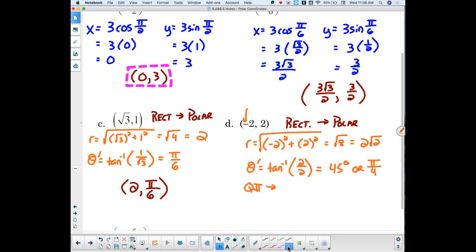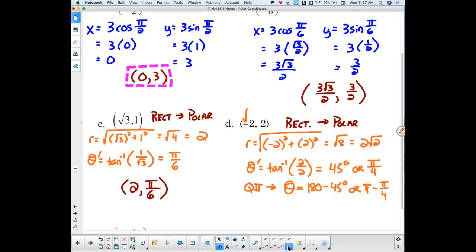So that means what is my theta? So we have to take 180 and do what with it? Subtract 45 degrees, or we have to take pi, because I want to switch to pi instead of just 180, minus pi over 4.